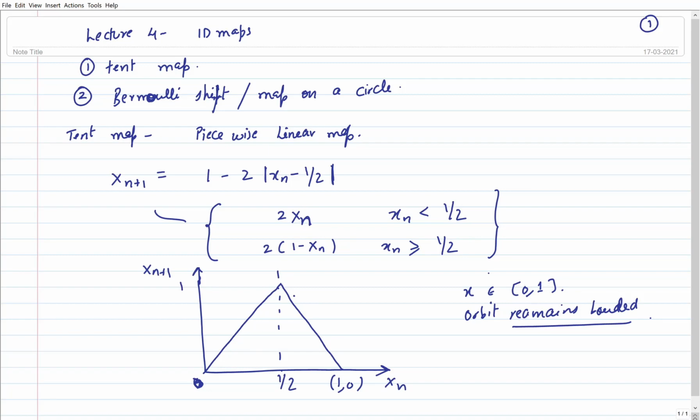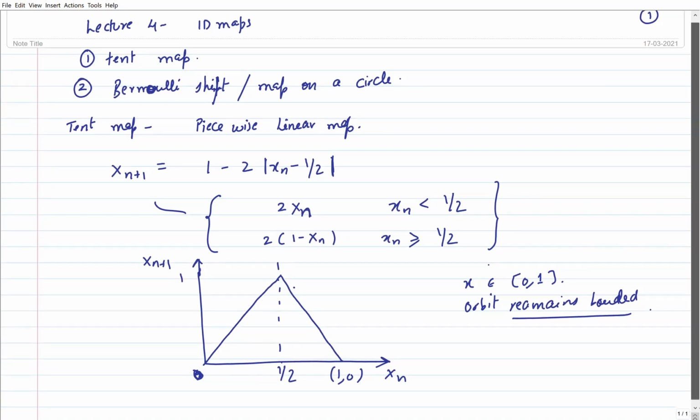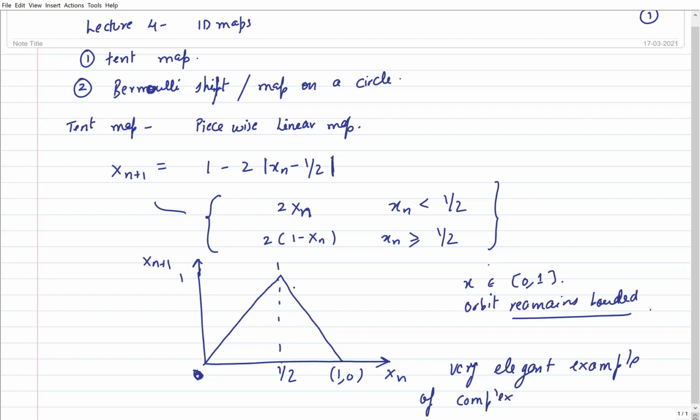The orbit hovers between 0 and 1, and doesn't exceed it. So this map, the tent map, is a very, I should say, elegant example of complexity in general. It's a very simple map, a piecewise linear map shaped like a tent, which can be used as a paradigm to explain some very rich phenomena in nonlinear dynamics.